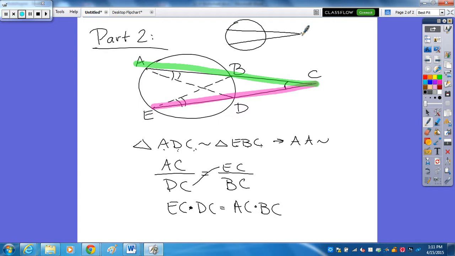Basically, EC is the entire length here, and DC is just the portion on the outside.